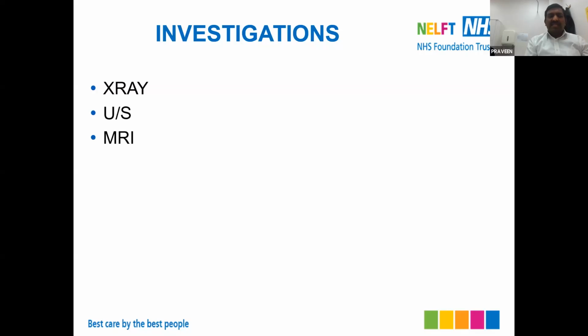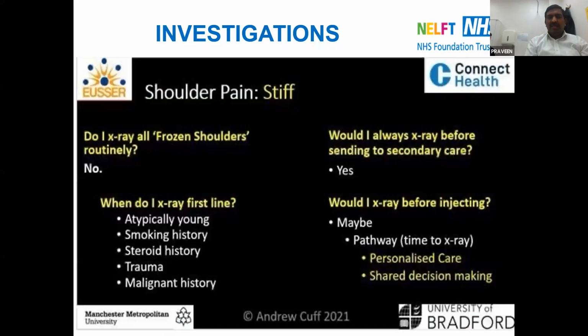Now, in terms of investigations, there are various investigations we can look at. X-ray, ultrasound, and MRI are the most commonly used investigations for shoulder pathology. So this was a good slide which I picked up from Andrew Cuff, and this is quite a new one.